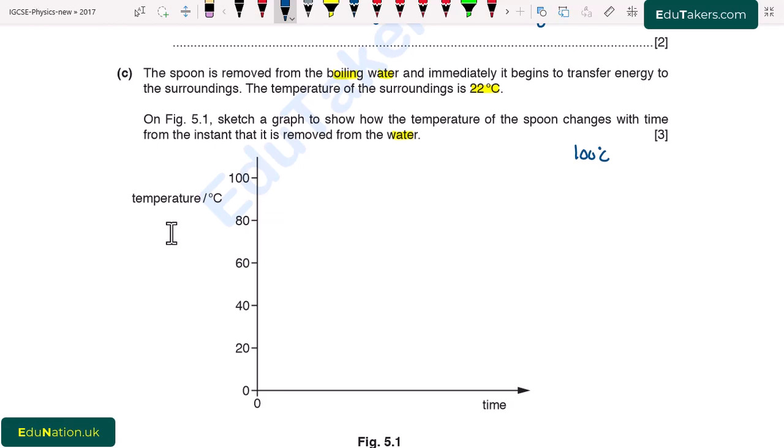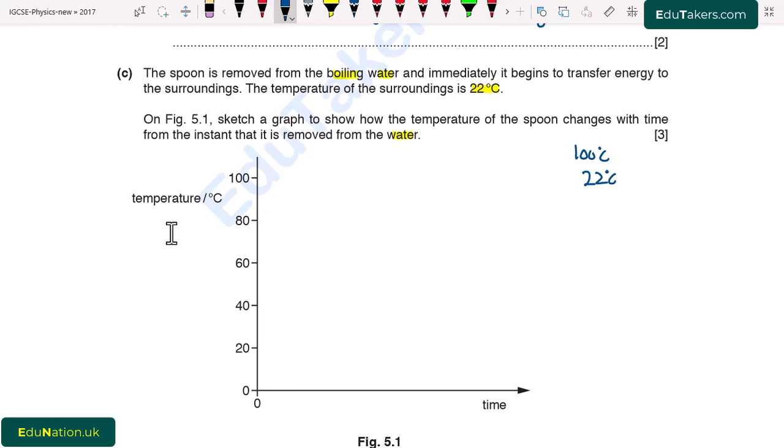So when the spoon is removed from the boiling water, its temperature decreases until it is 22 degrees C, because the temperature of the surrounding is also 22 degrees C and the spoon transfers energy to the surrounding.